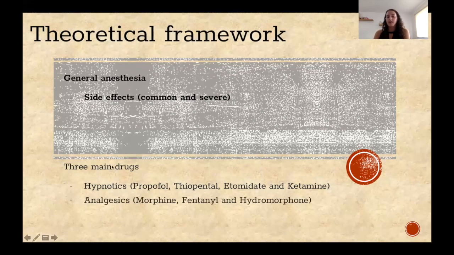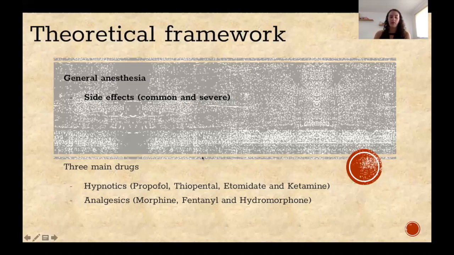Then there are the analgesics, that are the ones that make you not feel pain. They block your pain receptors, and they are usually used an opioid and a non-opioid. And the most used ones are morphine, fentanyl, and hydromorphone.